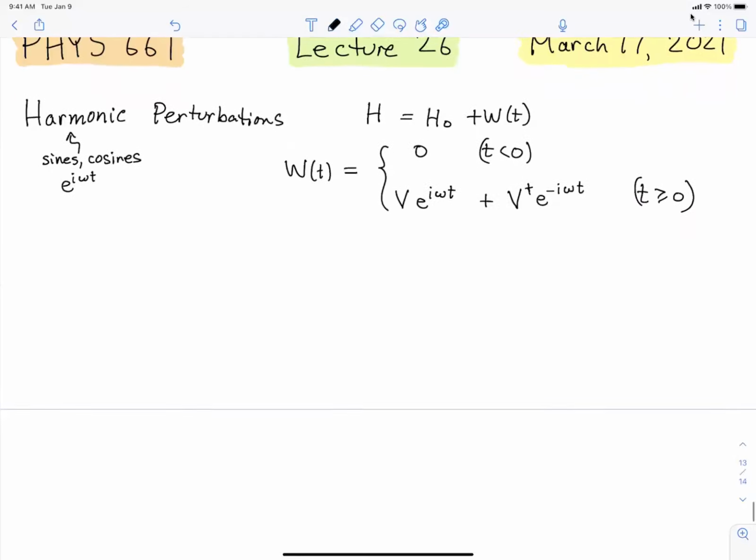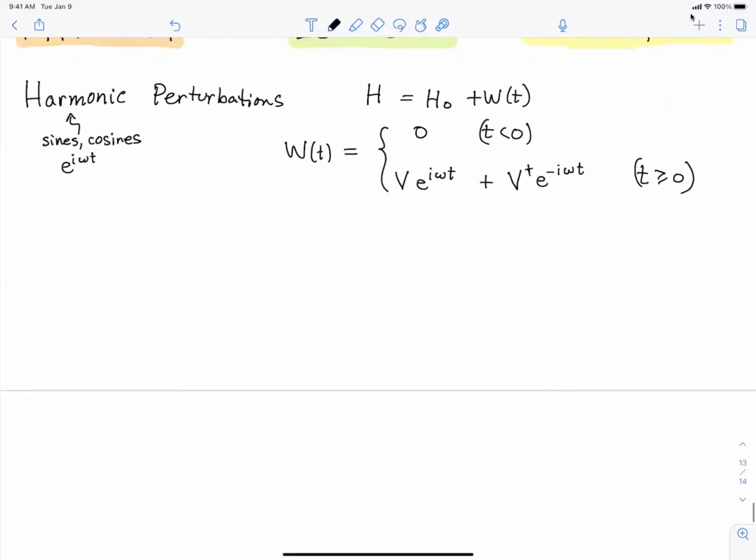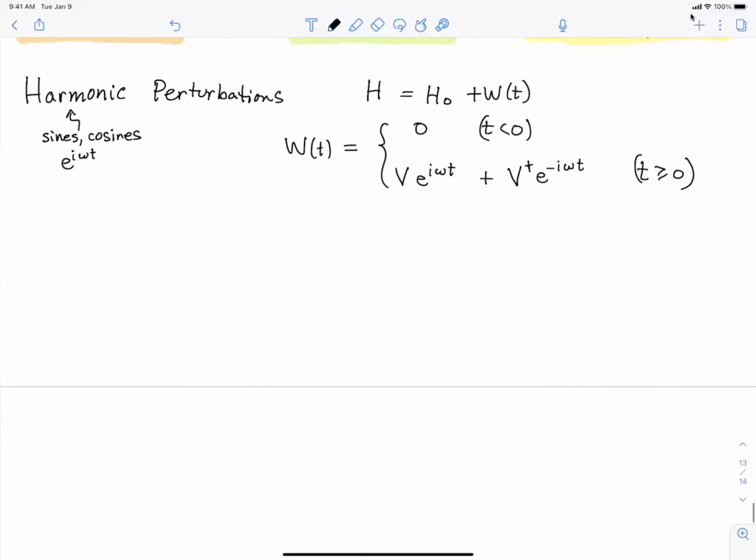Okay, and then we worked this out last time using the general features of time-dependent perturbation theory at first order. So everything's being done at first order. And we found that it split into two parts. The two parts came about because we had delta functions, and you couldn't have both of the delta functions contribute at the same time.